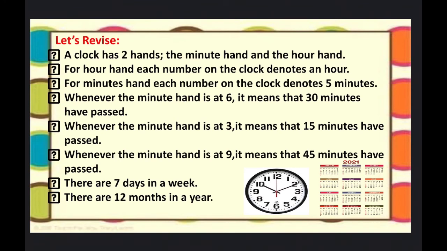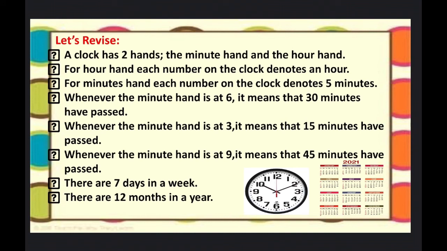A clock has 2 hands, the minute hand and the hour hand. For the hour hand, each number on the clock denotes an hour. For the minute hand, each number on the clock denotes 5 minutes.